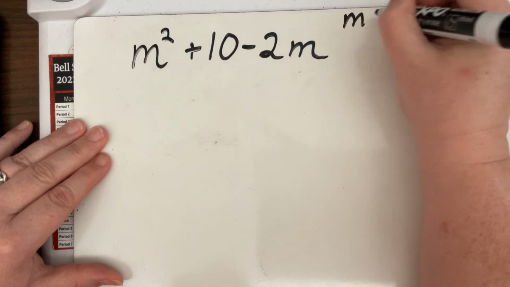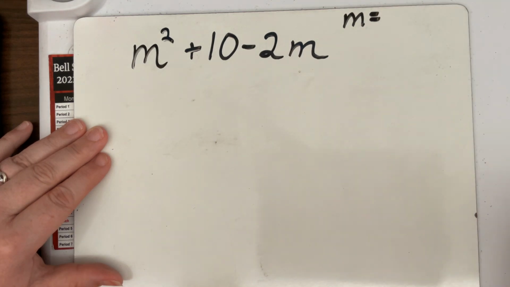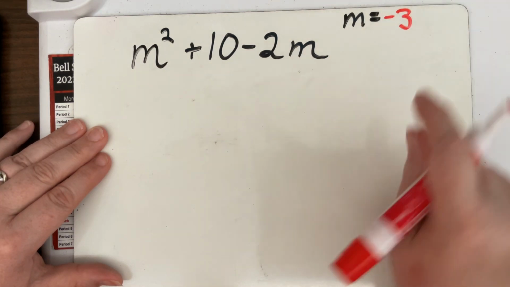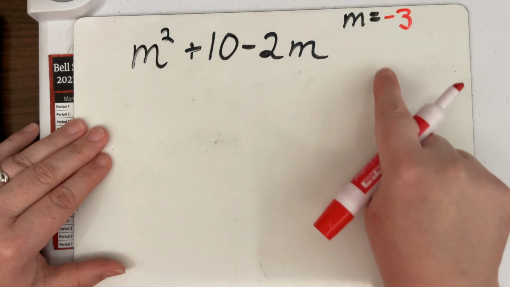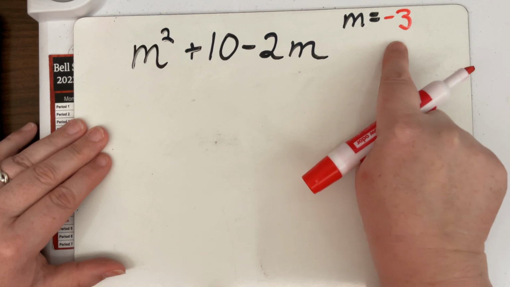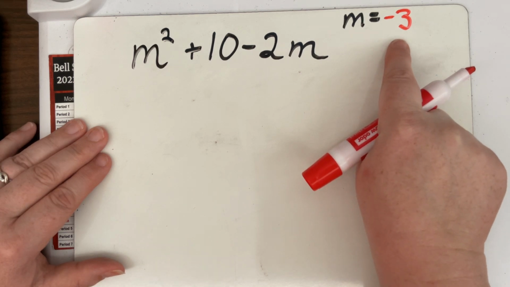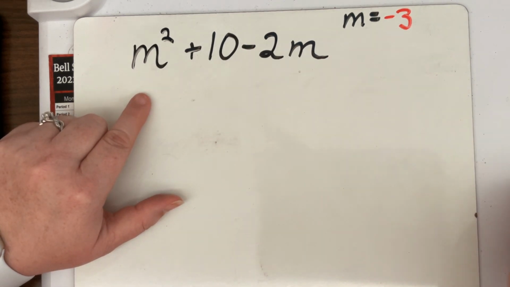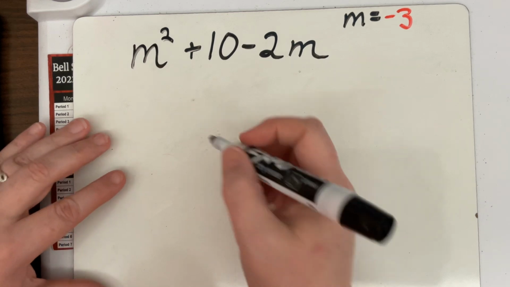We're told that m equals -3. So now our job is, wherever there's an m, we have to swap it out for a -3. This is great because it removes the letters from math, and everybody knows that letters don't belong in math. So let's get rid of all of these letters.